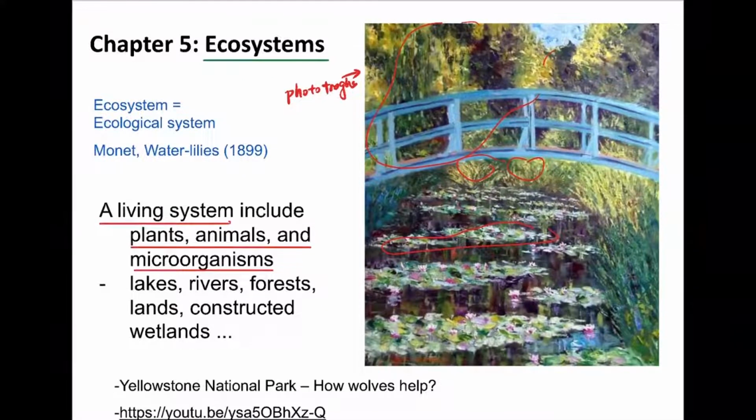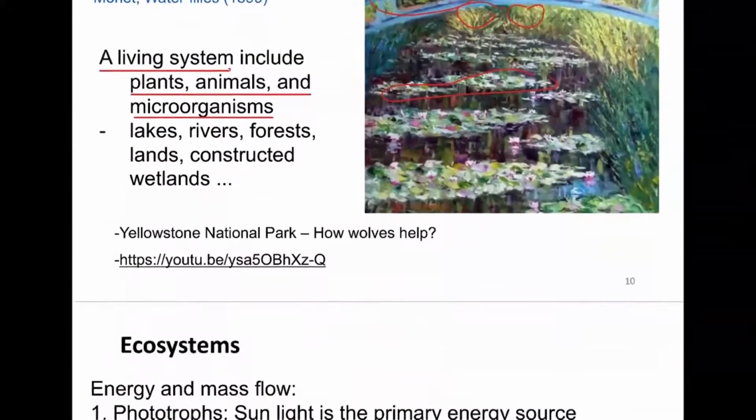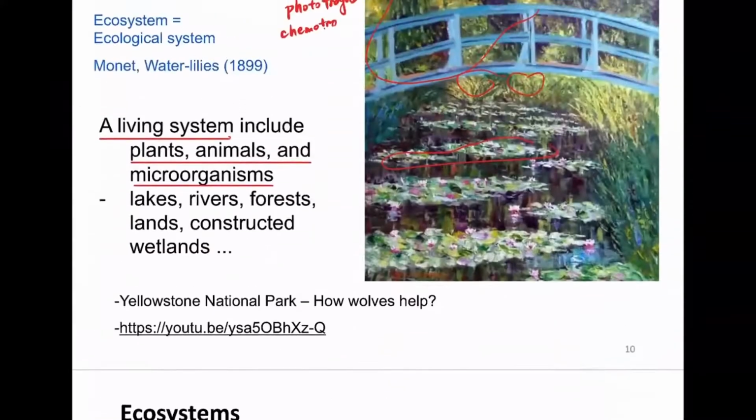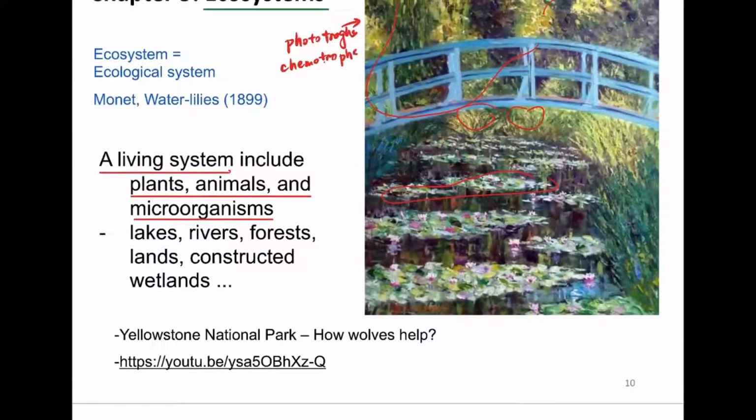For the bacteria, the insects or the fish, they rely on others to generate energy, so they're called chemotrophs. Let me check the spelling. Okay, chemotrophs.